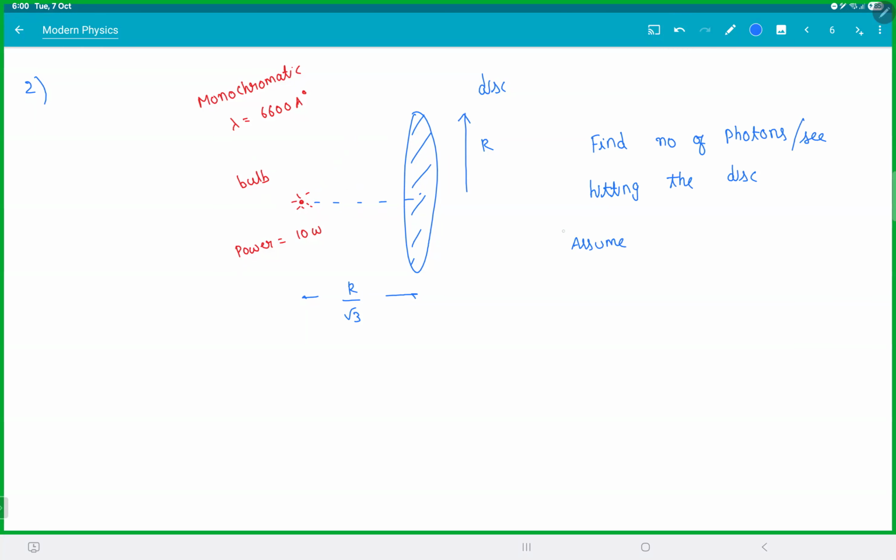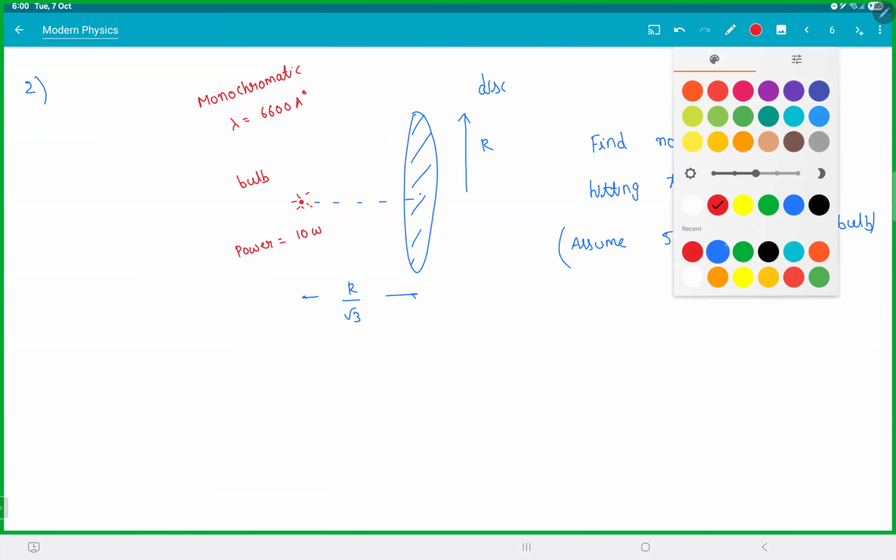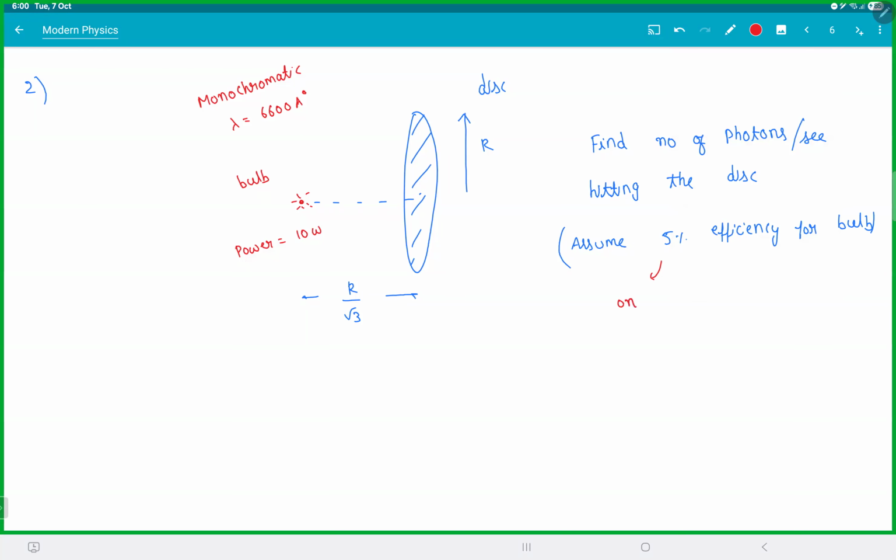That means only 5% of the power becomes light. So they will simply say efficiency of the bulb is so and so. That is the meaning of it. Let's give it a try. I'll give you 3-4 minutes. Let's see how you approach this.